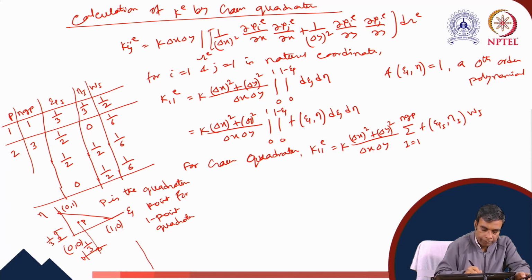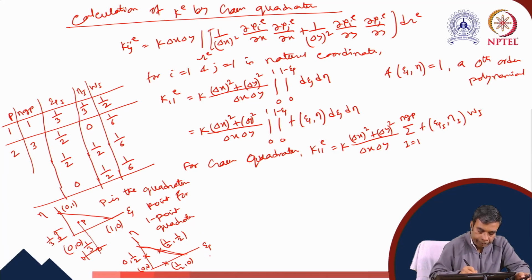If we go for 3 point quadrature, then we have xi eta. So these are the quadrature points. So this is origin. So this coordinate is half, half, half 0, and this coordinate is 0 half.